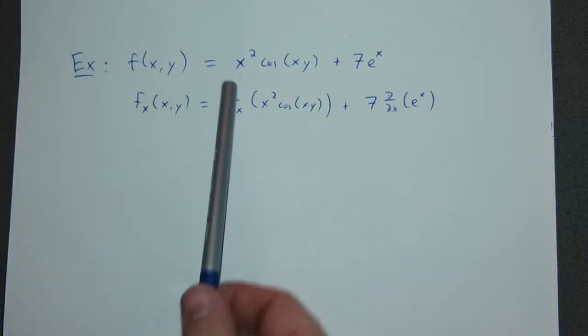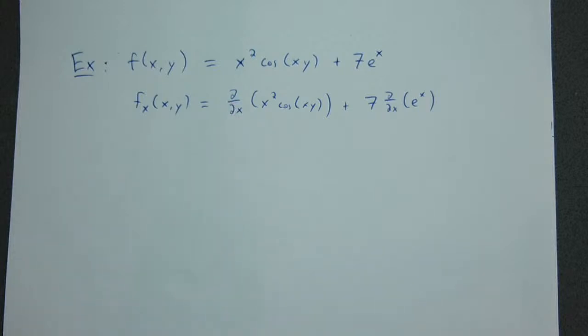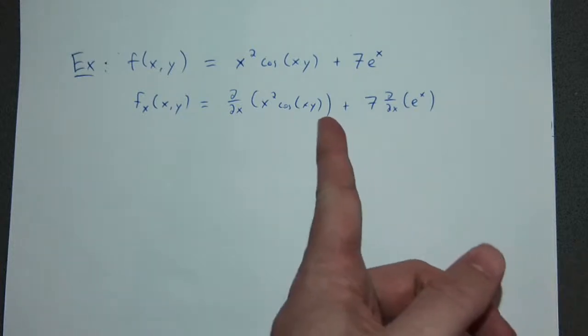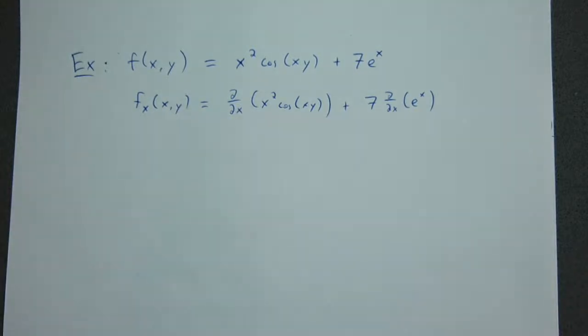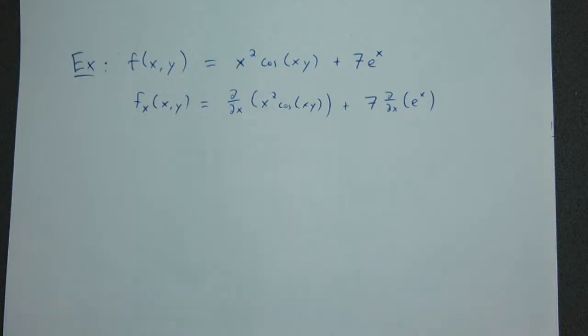I'm taking the partial derivative with respect to x, right? So in Calc 1 world, I am pretending that this y is a constant and x is the only variable that exists. And so in the Calc 1 sense, really I'm just taking a derivative with respect to x. But this is a derivative of a product of two functions, right?